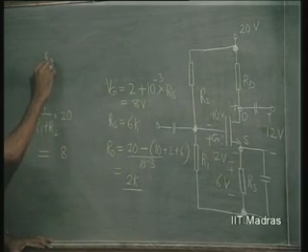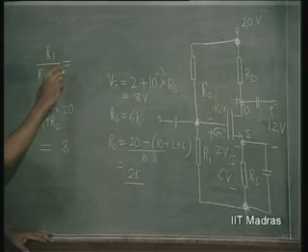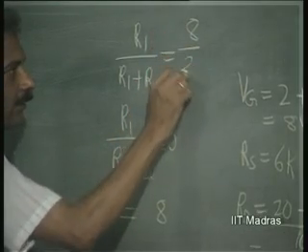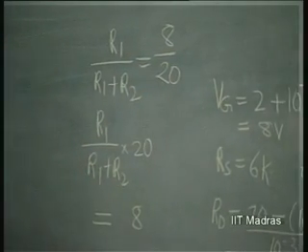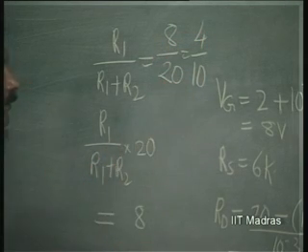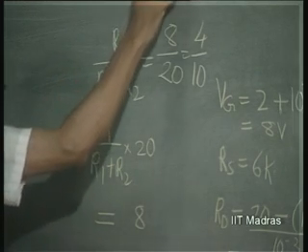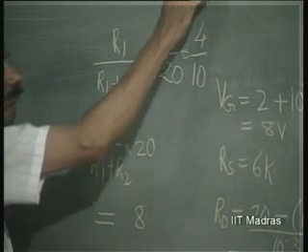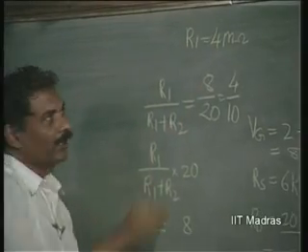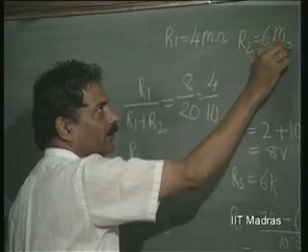So R1 by R1 plus R2, that ratio is fixed now as 8 by 20 or 4 by 10. One way is if I select R1 as 4 mega ohm, R2 is going to be 6 mega ohms.